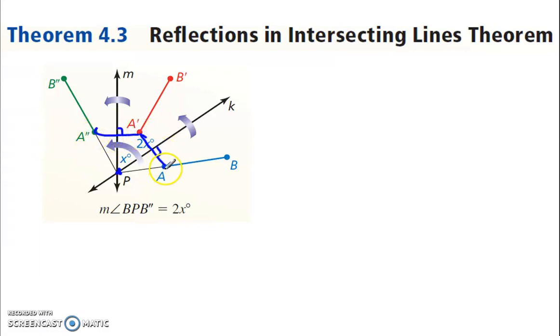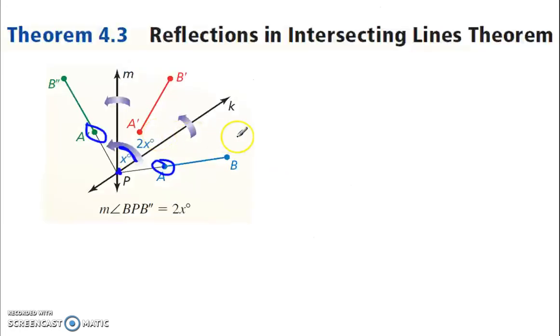Two reflections is like a rotation from our first point to the third one, where that angle of rotation from our first point to the last point is 2 times the acute angle between the two lines.